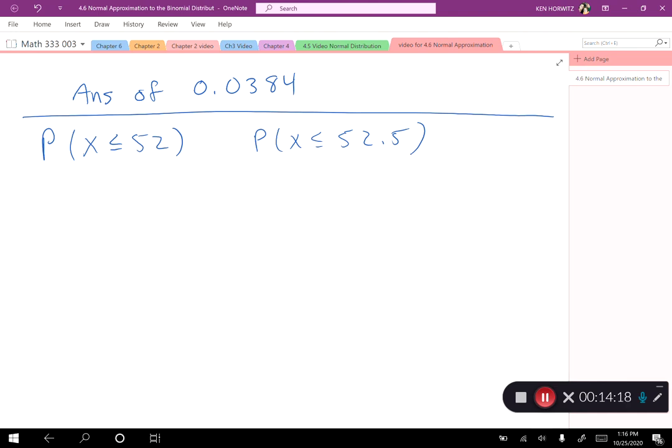So when I do my z-score, it's going to be the same calculation. So I get z equals 1.768. All right. However, if I'm looking for the area less, once I find the area on my chart, I'm all done. So the area on the chart is 0.9615, and that is my answer.